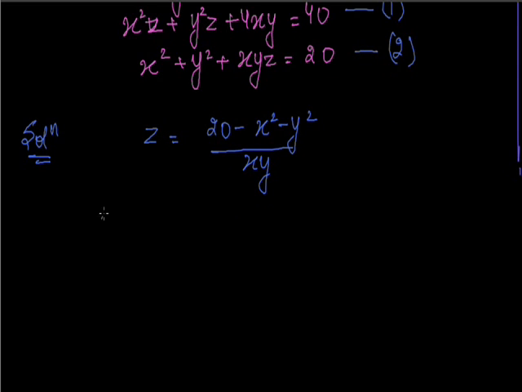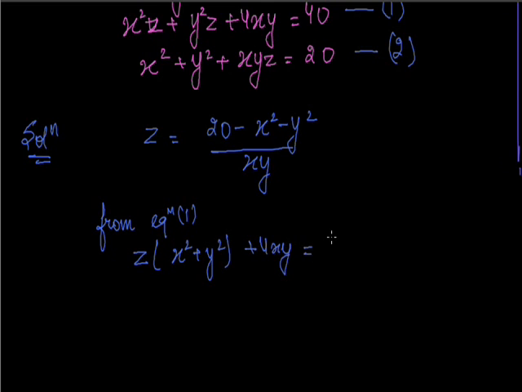From equation 1 we will take z common, then it will become z times x square plus y square plus 4xy equal to 40.